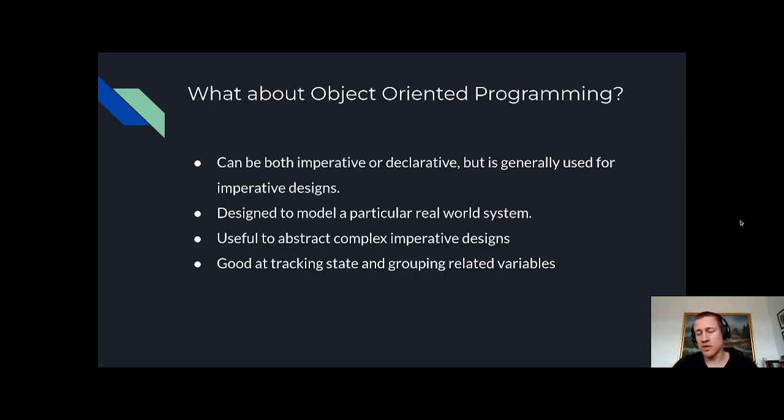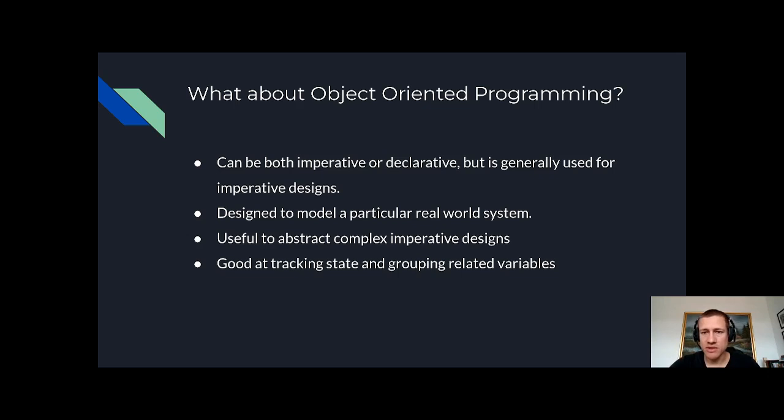And we also have to talk about object-oriented programming for a little bit. Object-oriented programming is mostly considered an imperative design, but this does not strictly have to be true. One can use a declarative approach in object-oriented programming.